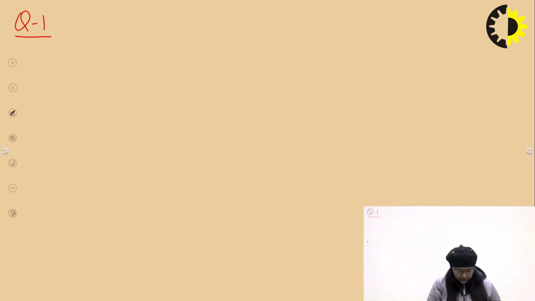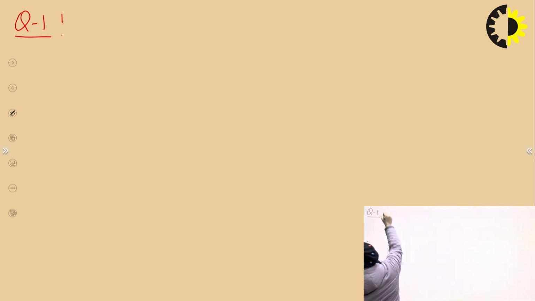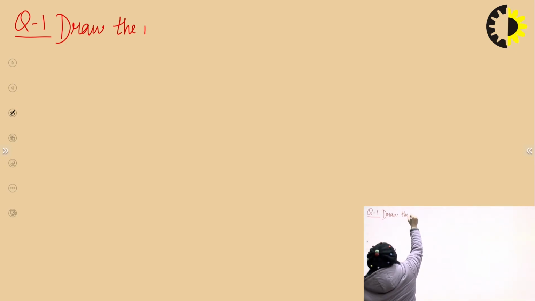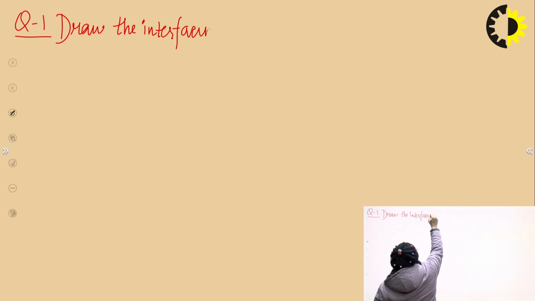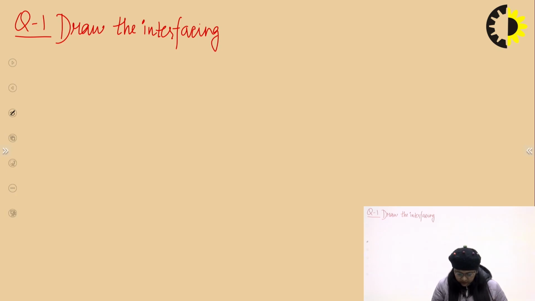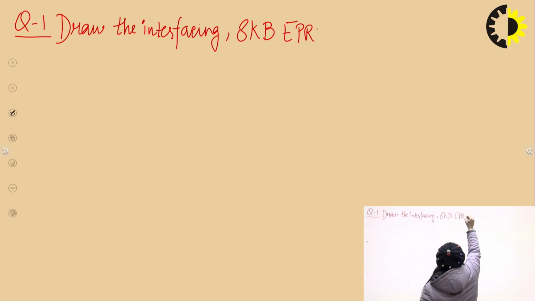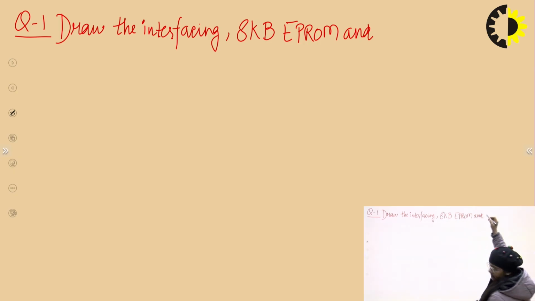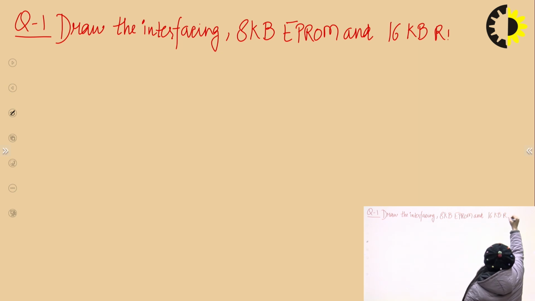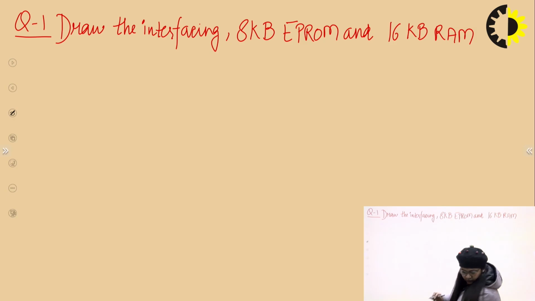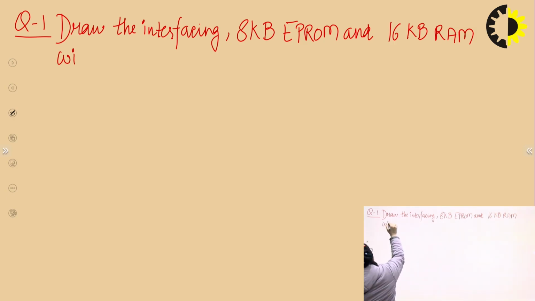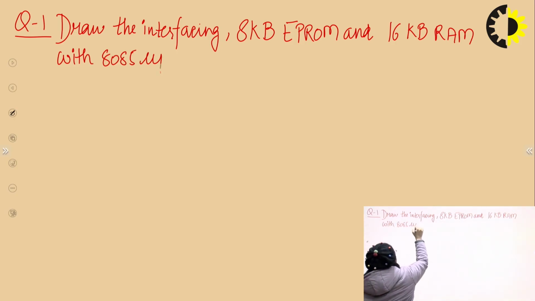Example number 1: draw the interfacing, or to interface, 8 KB EPROM and 16 KB RAM with 8085 microprocessor, using the decoder and using 8 KB of RAM here.